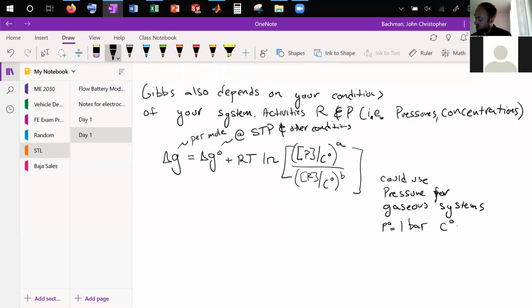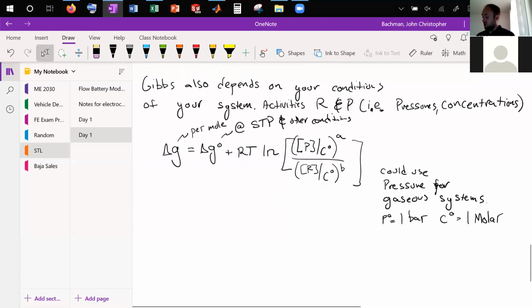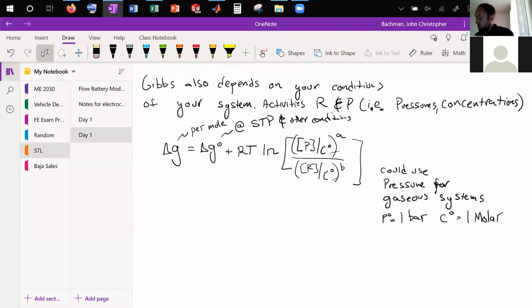For concentrations, it's 1 molar. I've seen some old texts say it's one molal, the per kilogram. I didn't see that before when I was learning it. Be interesting to see, but as far as I can tell, everyone uses 1 molar. Most of the time the terms cancel out, but they don't always cancel out. So it does have an effect.